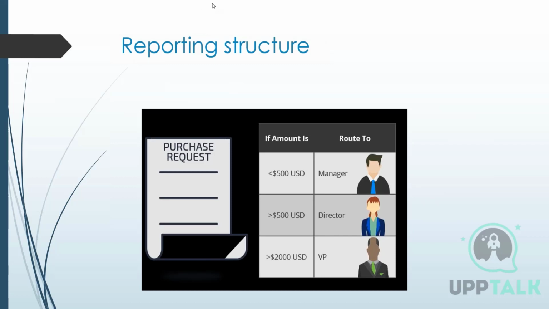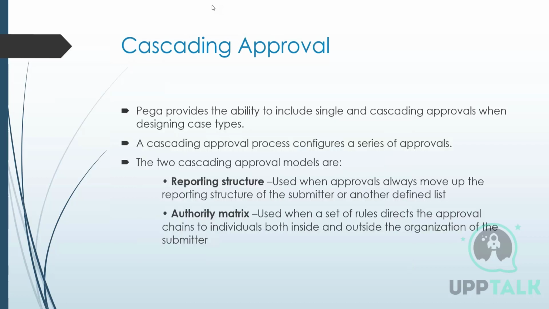Whereas there is something else called authority matrix. So what is authority matrix? Sometimes you need approvals from people outside your department, outside your reporting hierarchy. For example, you have put in a claim request, probably a reimbursement request. It goes to your manager, and from the manager, it might go to the finance team, auditor, and then finance manager.